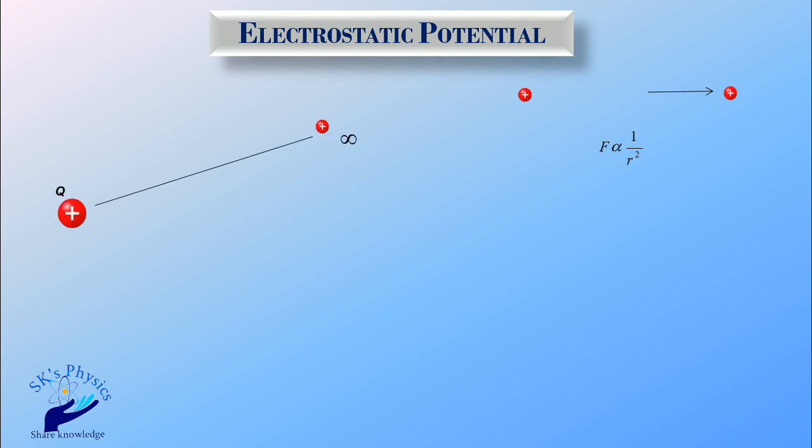Now, we want to bring that charge from infinity to point P. We know that in the area of charge Q near point P, repulsion occurs.